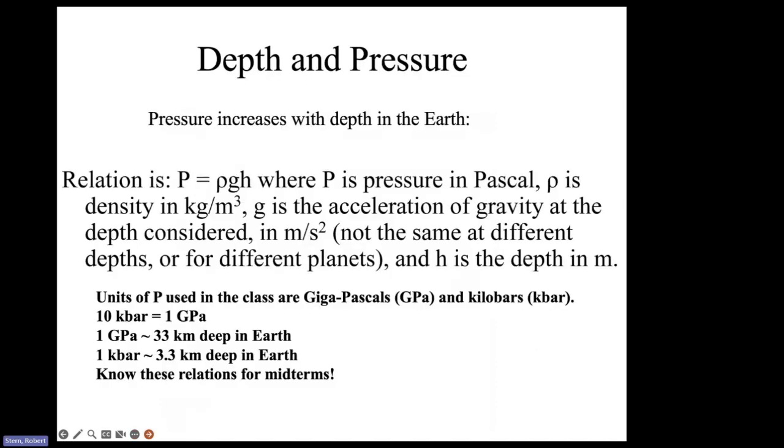All right, so let's talk about depth and pressure. Obviously pressure increases with depth in the earth. And the relationship is pressure equals rho g h, where pressure is in pascals, rho is density in kilograms per cubic meter, g is the acceleration of gravity at the depth considered in meters per second squared, and h is the depth in meters.